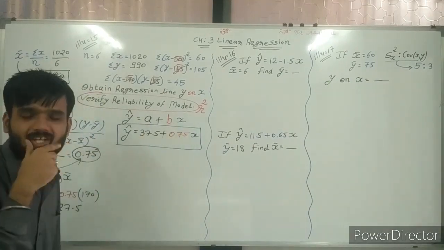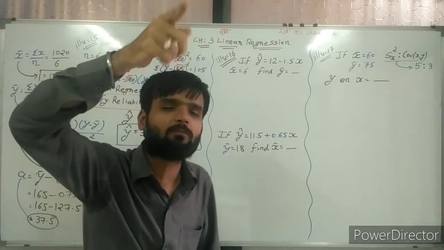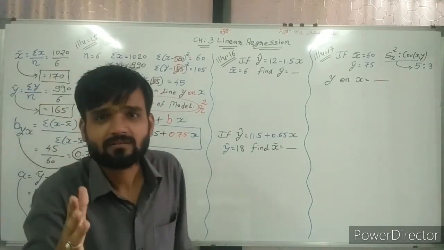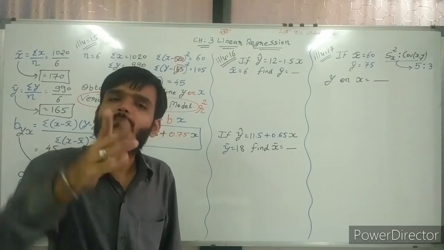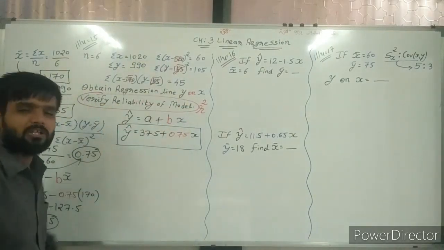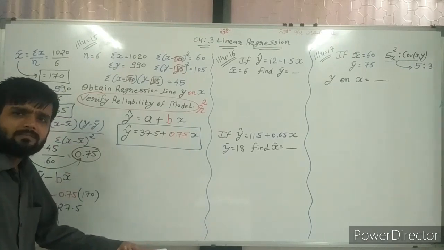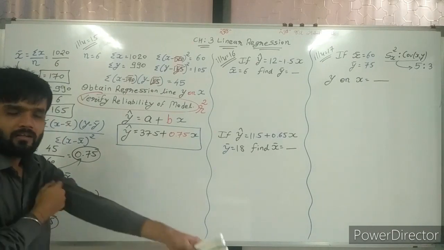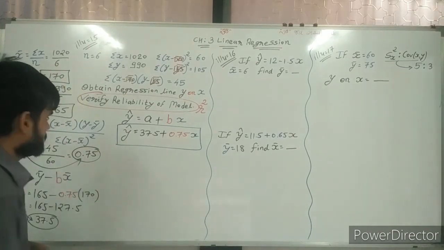Now, what is R square? In chapter number 2, what were we doing? Think. So finding R, make it square, then it is R square, verify reliability of model. That's it. Now, here I am writing the formula of R first.